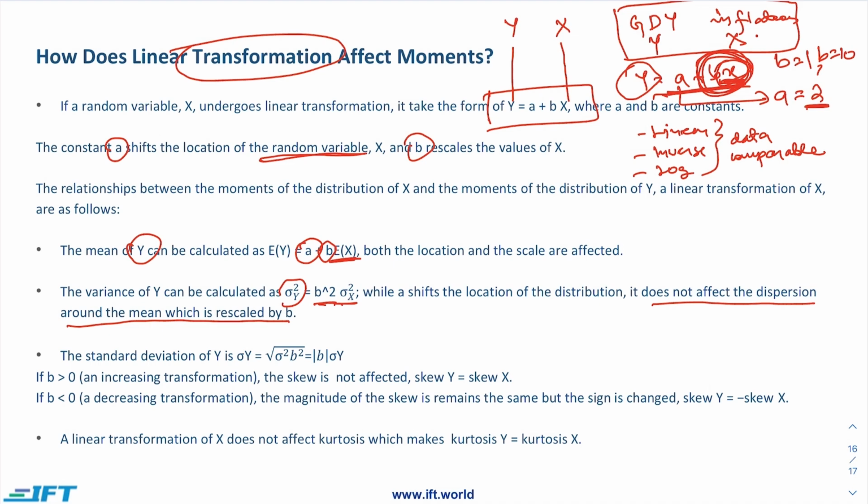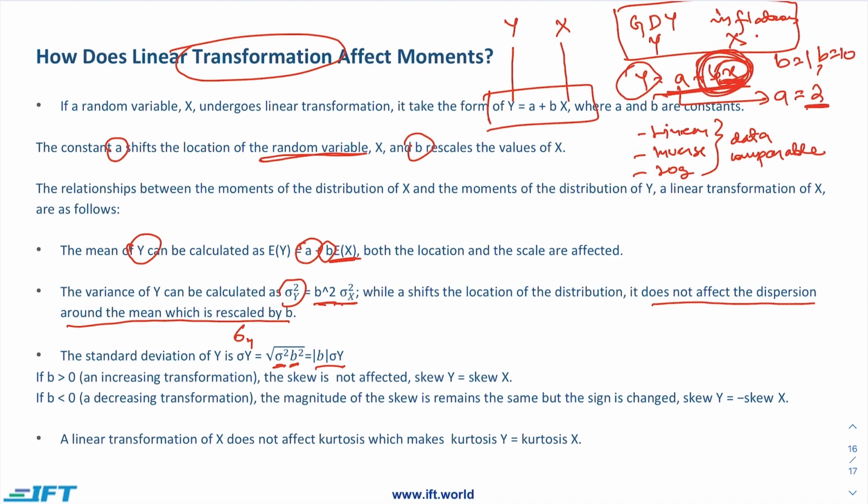Similarly, the standard deviation of y, or sigma y, would be equal to the square root of b square into sigma square x, which equals the absolute value of b into sigma x. Here b will have a similar rescaling impact on the standard deviation.